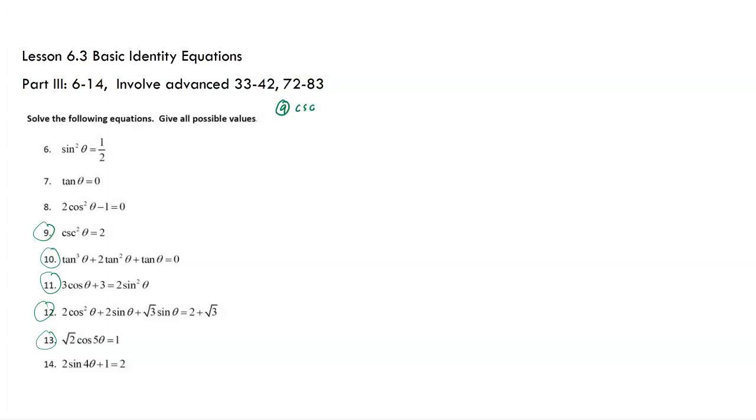So we have cosecant squared theta equals 2. For these problems you have to figure out what theta is, all the angles theta could be. So I'm going to square root both sides. In most cases, for these four problems, it doesn't have terms with multiple trig functions in it.